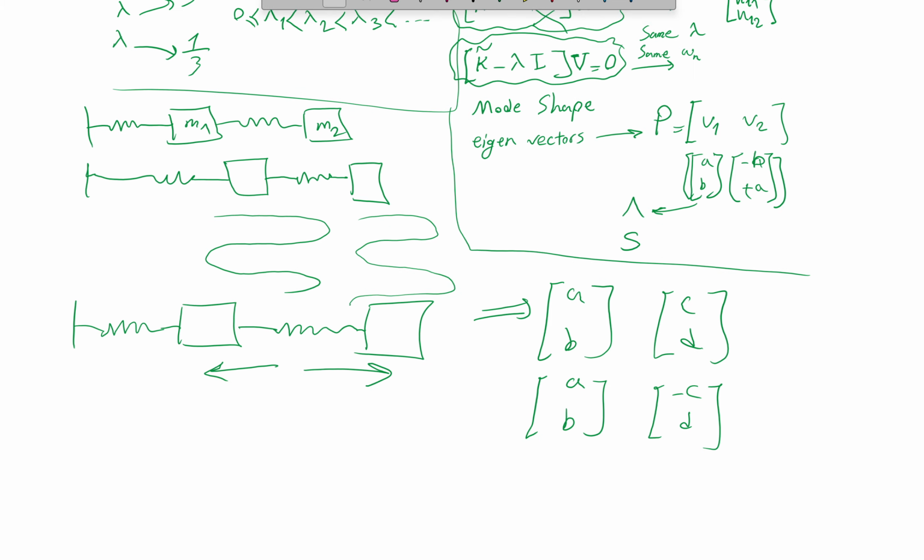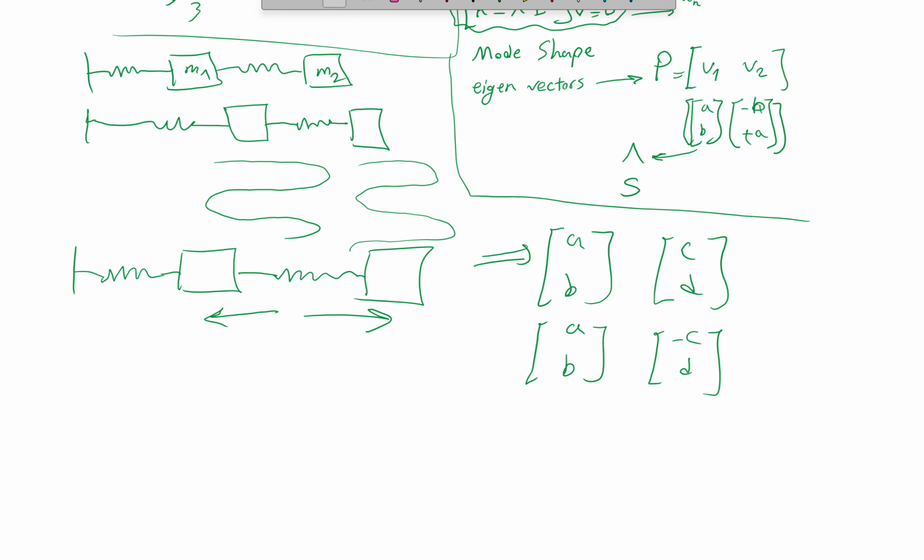So if you're asked to get the mode shapes, or maybe the system response, and you are calculating the mode shapes, the same logic for eigenvectors is also true. You should get something like this because you have two natural modes: in one, the two masses go in the same direction at the same time, and in the other, the masses move opposite to each other.